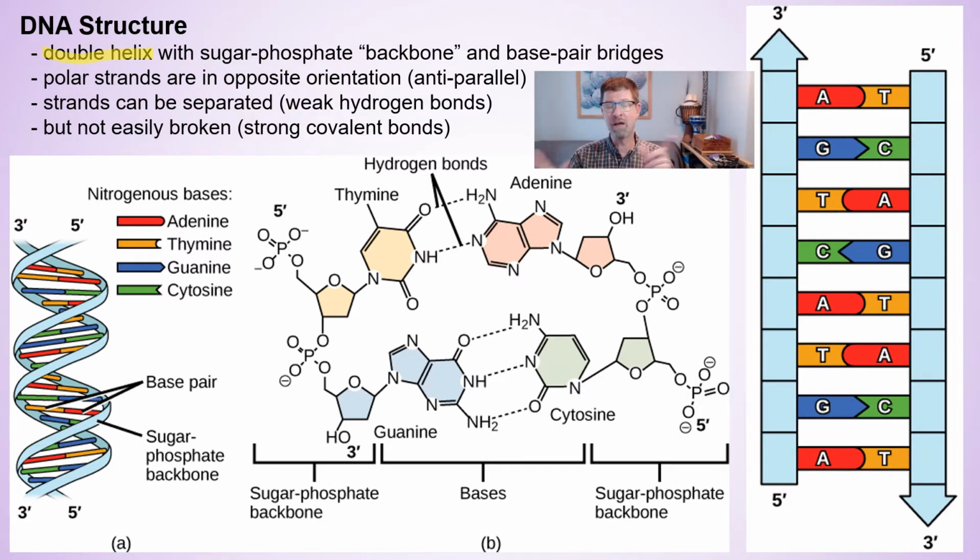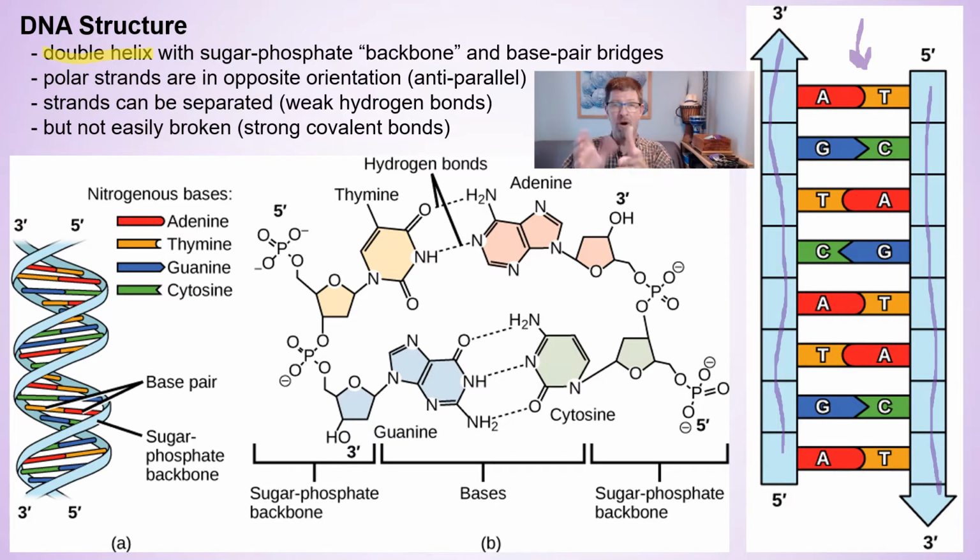Because they're twisted around each other, we had to think about the positionality of those nucleotides, and it turns out that the nitrogenous bases are toward the inside of that twisted pair, and the phosphates and sugars are toward the outside. Sometimes we refer to these bits on the outside as the phosphate-sugar backbone, with the base pairs in the middle.